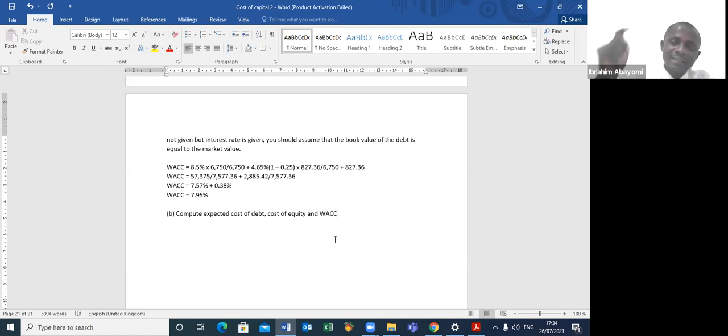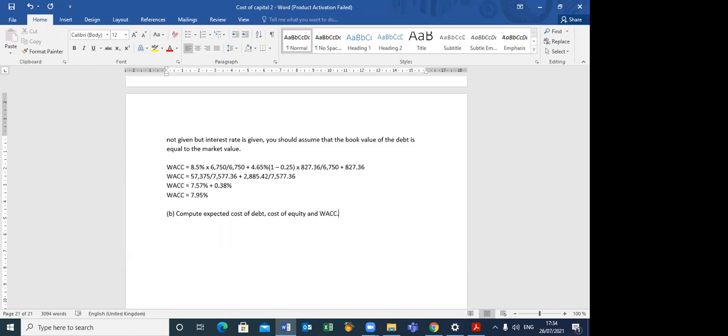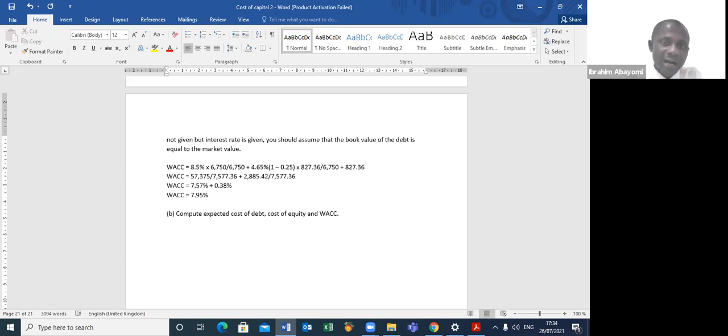The first one was the current. The second one we want to do now is the expected. Expected means after you have redeemed the existing debt and replaced it with the new debt. What's going to be the cost of debt? What's going to be the cost of equity? And what is going to be the WACC? That is what we want to do now.